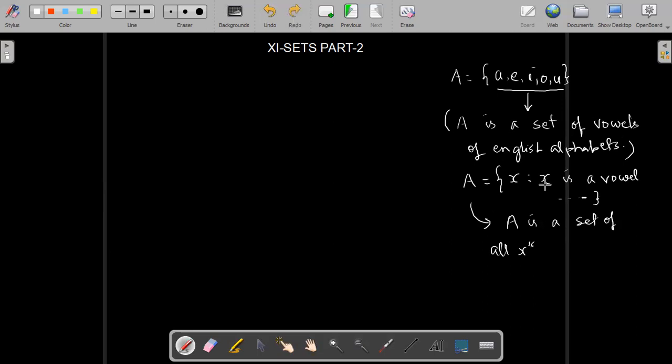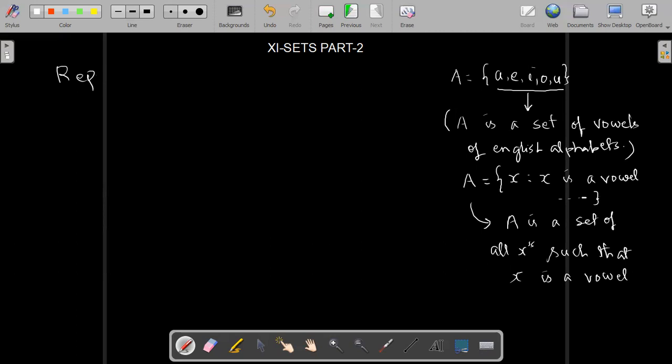We should say such that, not where, because the sign shows such that. Are you understanding? So that means we can represent the set in two forms. Today we will see the representation of sets. Sets can be represented in two forms.